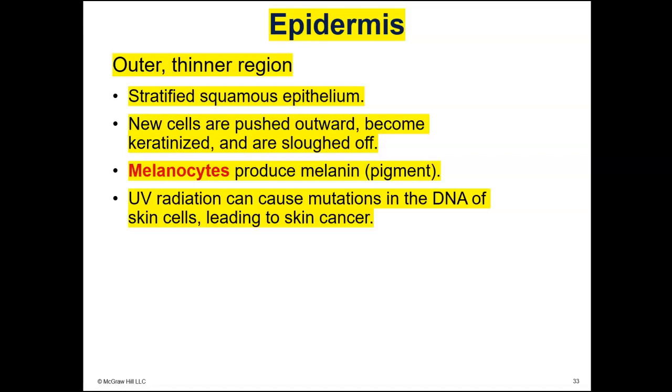They're shed, and then they're replaced by new skin. There are also cells in the epidermis that produce our skin pigment called melanin. They are called melanocytes, and they will produce more melanin when they're exposed to ultraviolet radiation to protect you.